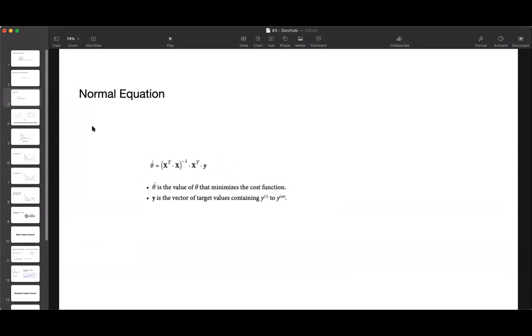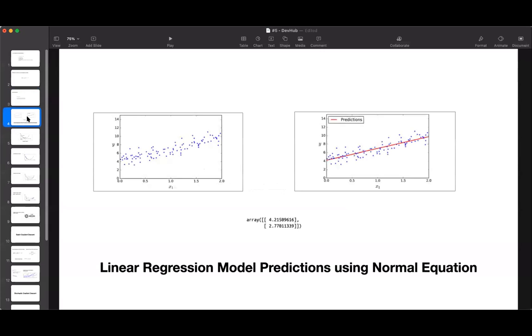All right. So next, this is one form in which you can calculate the values of theta, which is required by the model, or you can find out the model's parameters. Now, next we will see an example. So here is a linear regression model, and the predictions using this normal equation. The diagram on the left is actually a data set which is generated.